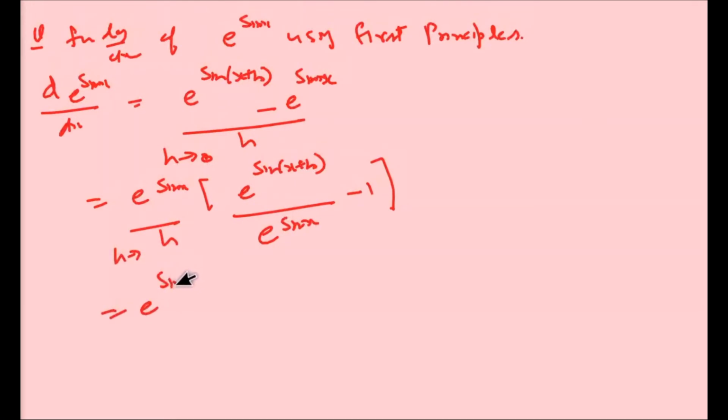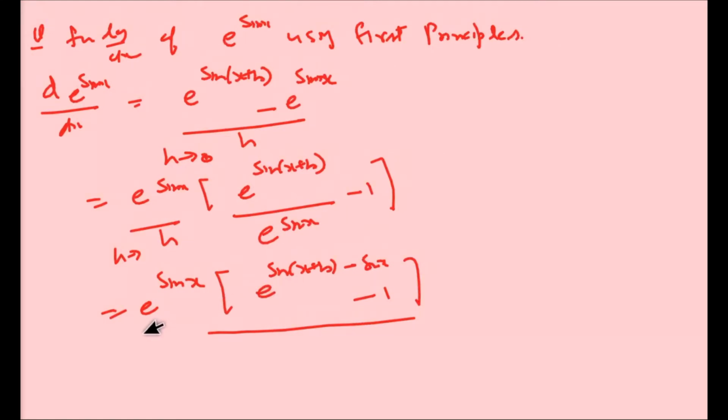Again we can write e to the power (sin(x plus h) minus sin x) minus 1. This should be understood: powers are subtracted, e to the power m upon e to the power n is e to the power (m minus n). Now dividing here by taking h, h tends towards 0.